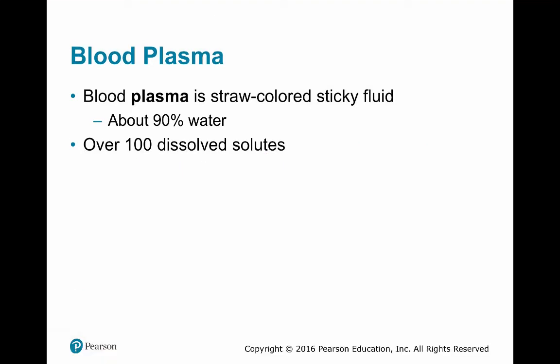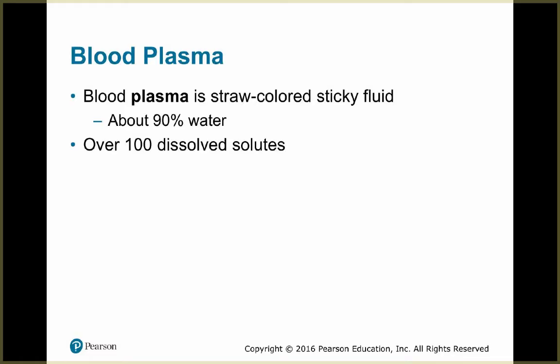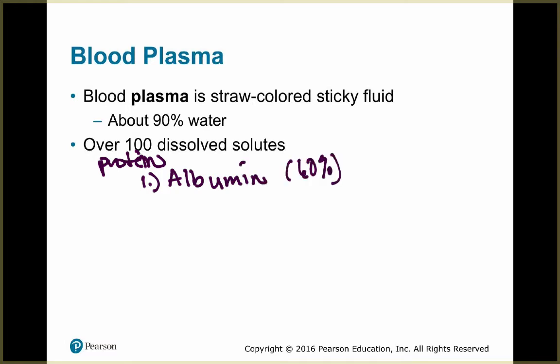And so the last thing we have are plasma proteins. There are 3 main proteins in here, right? So you have things like albumin. About 60% of the different proteins are albumin.